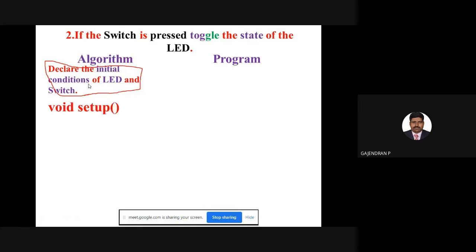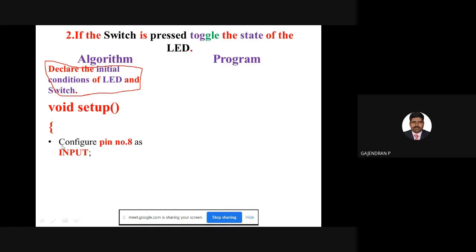Then, as usual, in void setup, we need to configure the pins. By default, all the pins are configured as input pins. Even so, whenever you are using the hardware setup, please assign which is the input pin and which is the output pin. If you forget in void setup, your loop function won't execute.